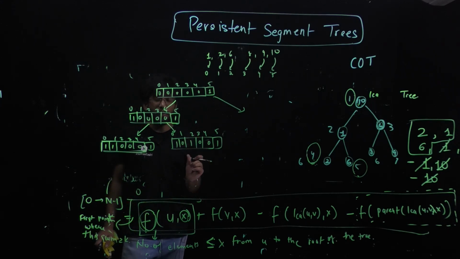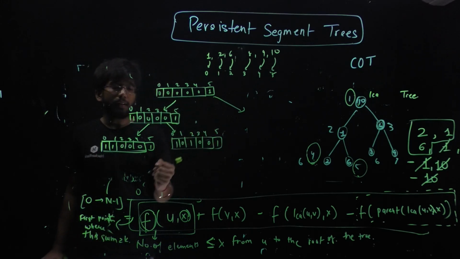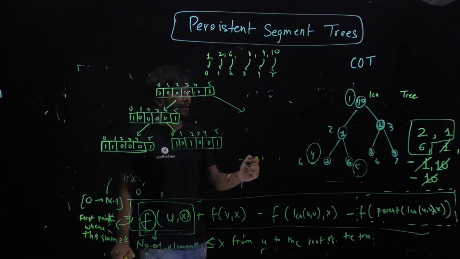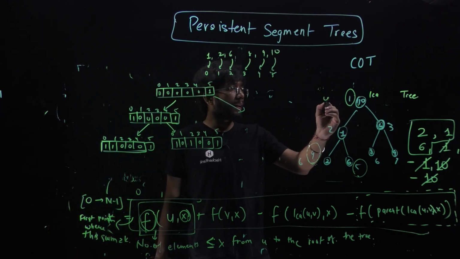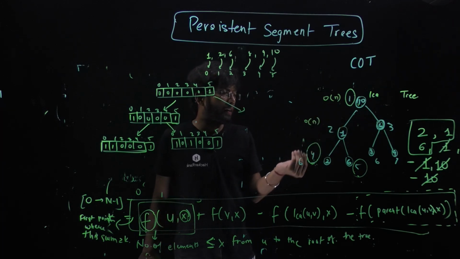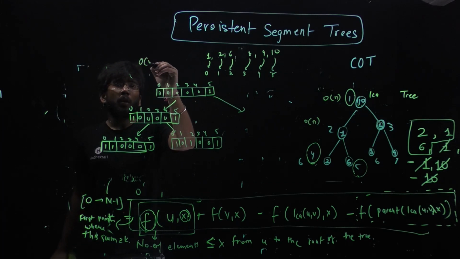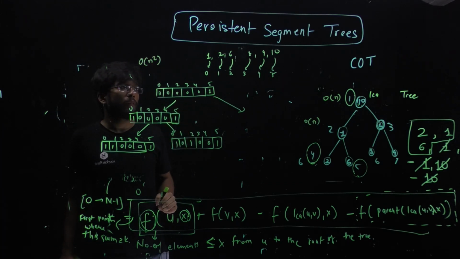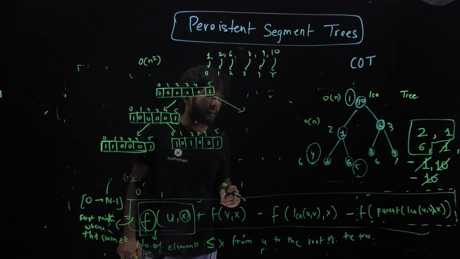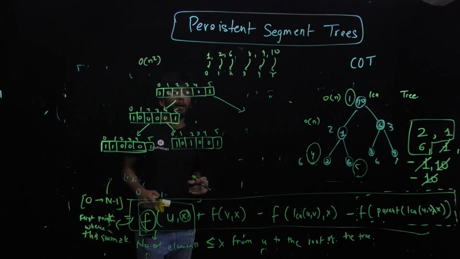But the catch over here is that we are building a segment tree at each node. So eventually this will give us a segment tree of O(n) size at each node, and this will eventually give us a space complexity of O(n square).